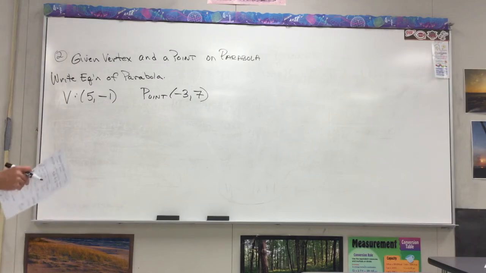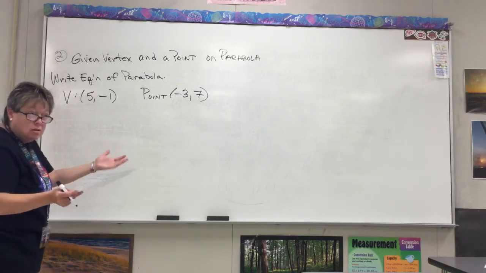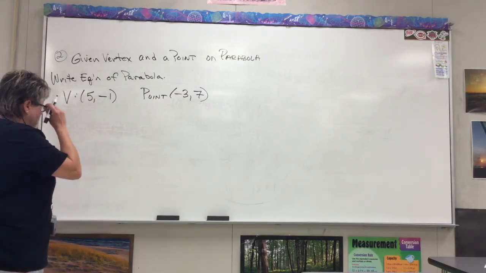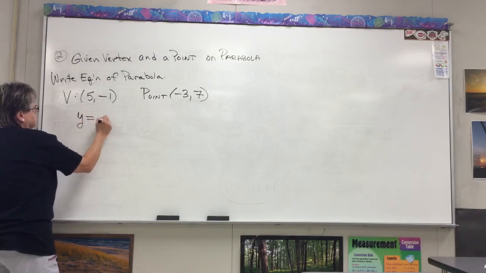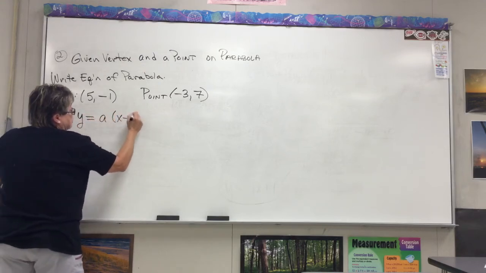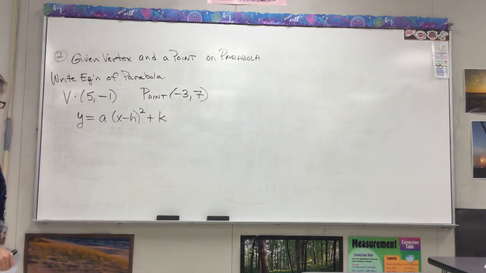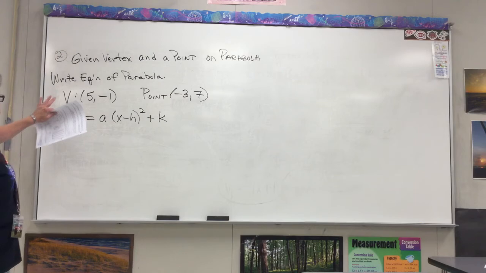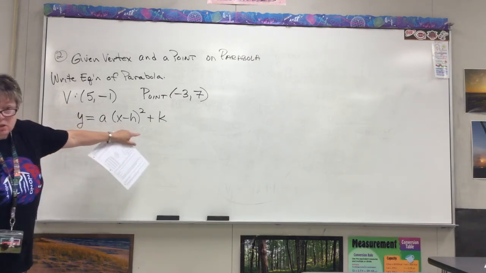So think about it. What do you know? We know several forms of parabola equations that we could work with. It seems like for some reason I'm liking vertex form a lot. So if we think about this, what does the vertex, the ordered pair here, represent in terms of this equation?